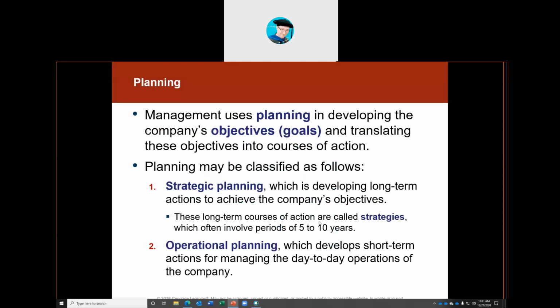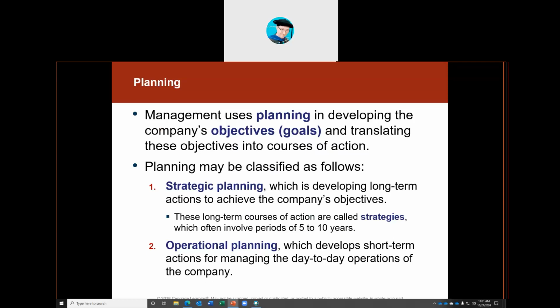Management uses plans in the development of companies' objectives and translating those objectives into a course of action. In business, we have a strategic plan. It kind of guides the business long term. That's strategy.